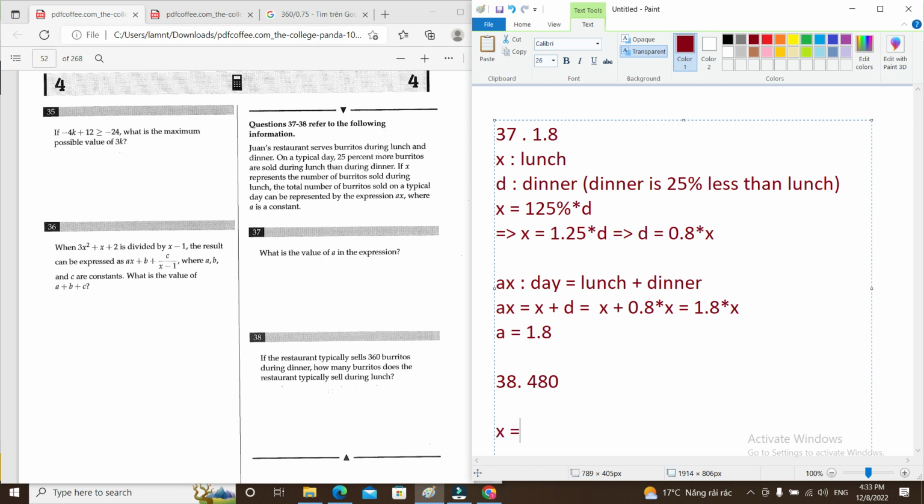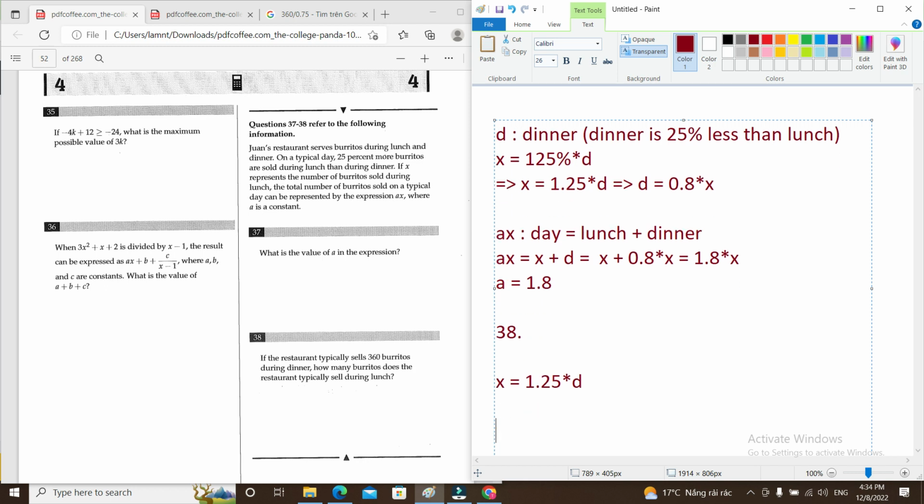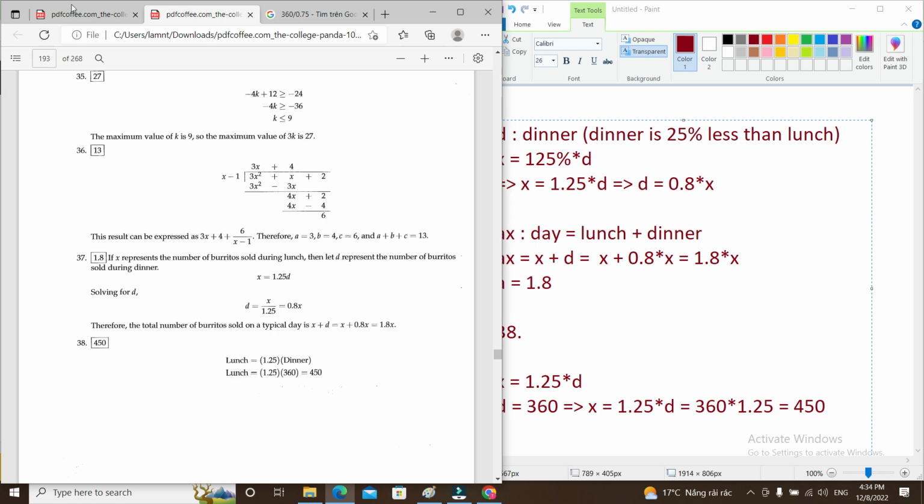So we have x is just 125%, which is 1.25 times D. So we know that dinner D is equal to 360. So we can find out x, which is 1.25 times D, which is 360 times 1.25, which I believe is 450, right? So yes, that's 450.